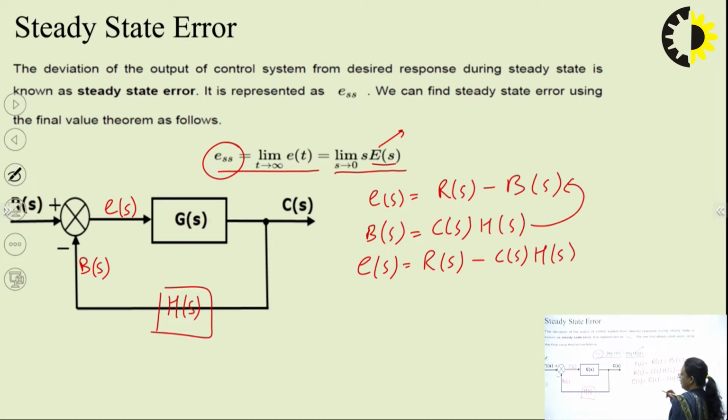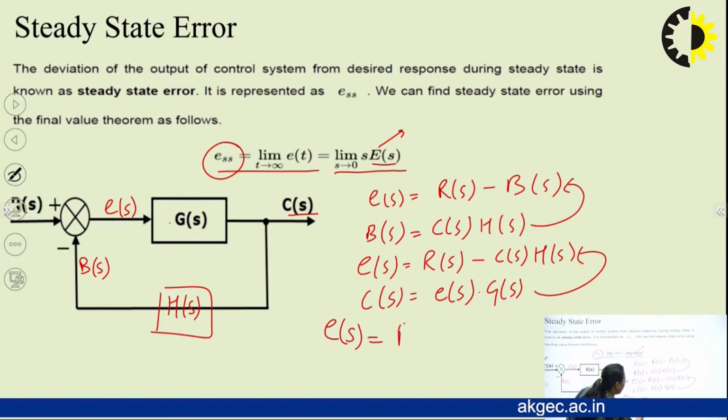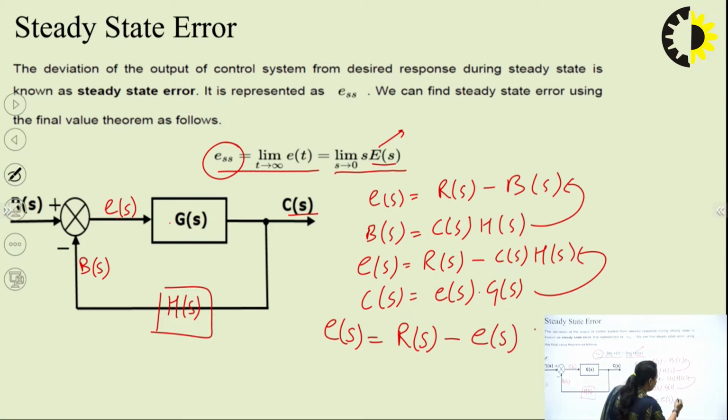Now you can see that C(s) will be equal to E(s) into G(s). If I put the value of C(s) in the above equation, I get E(s) equals R(s) minus E(s) into G(s) into H(s).